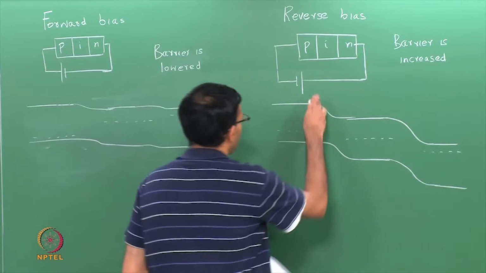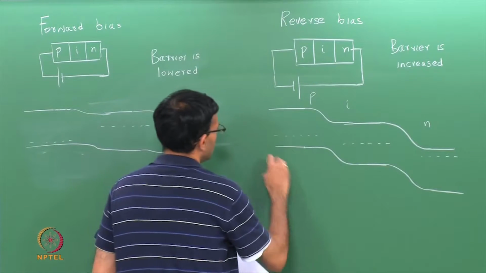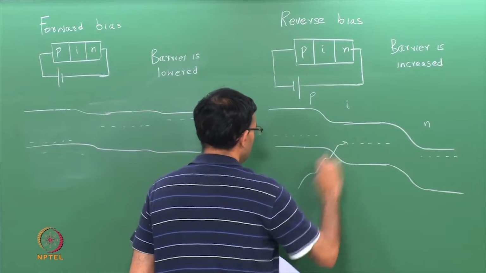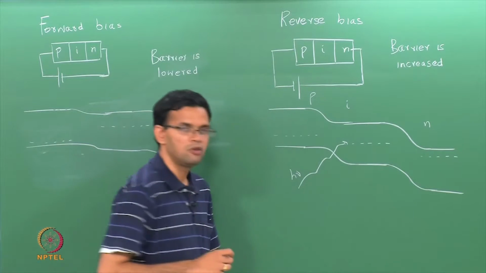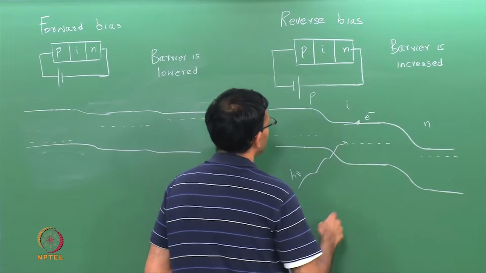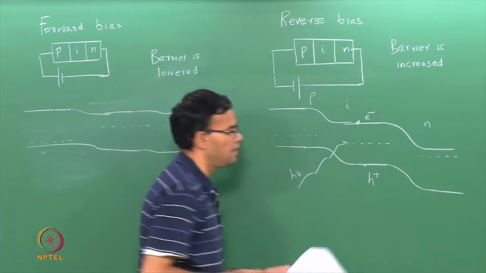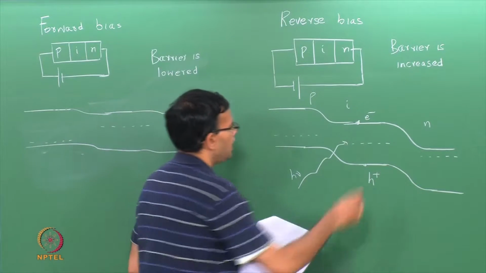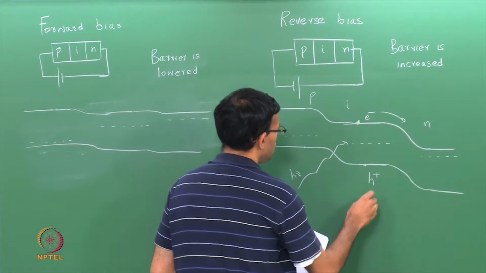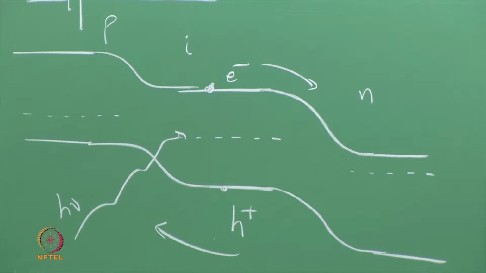So, if I have a P, I and N, and I have light shining onto the material, an electron is generated here, a hole is generated here. These electrons move to the N side and the holes move to the P side because of reverse bias, and this gets detected as a current.